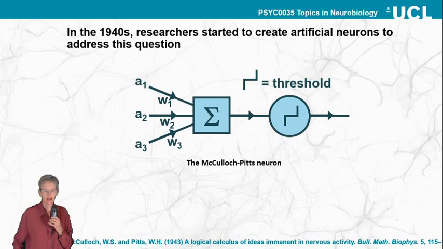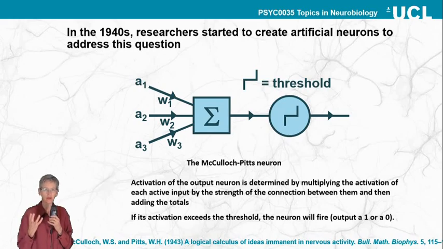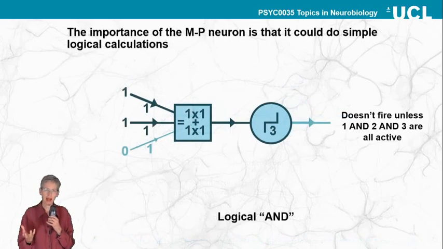So McCulloch and Pitts showed that with a neuron following this kind of activation rule, you can create certain kinds of logical operation. For example, this is an example of a logical AND. A logical AND means that an output will be produced if there is a confluence of inputs of the right size.